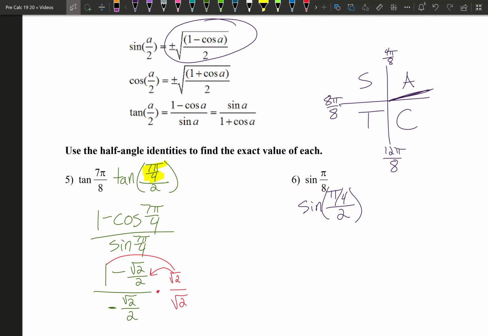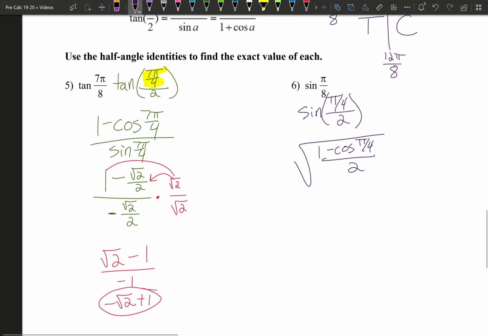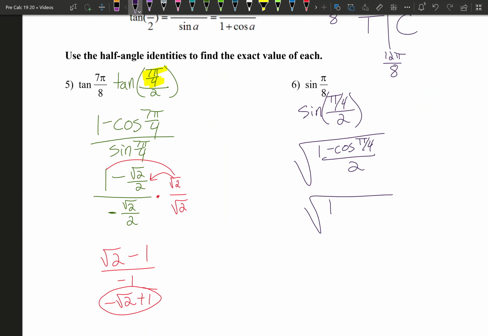What you do from here is just like with all the other ones, you use your identity and substitute your values in. So we have 1 minus cosine of pi over 4 divided by 2. Then we evaluate that cosine of pi over 4, which is going to be square root of 2 over 2, all divided by 2. If you like 2's, these are the types of problems for you.